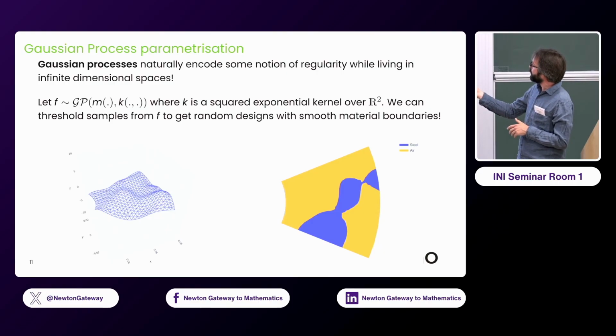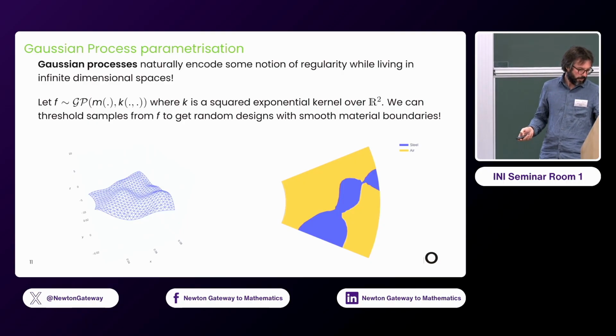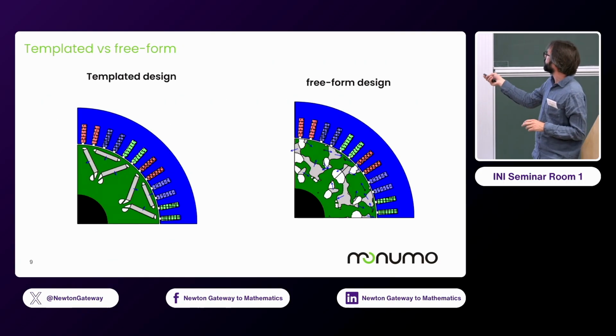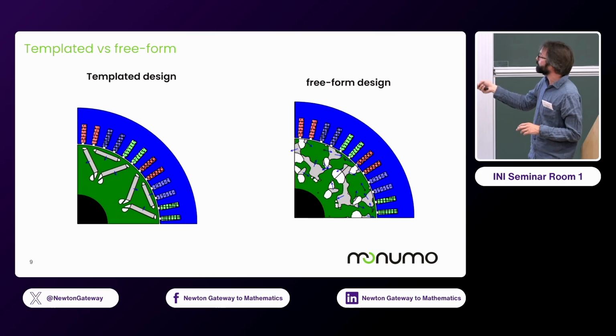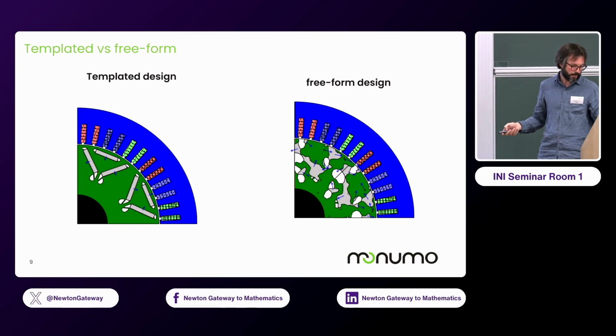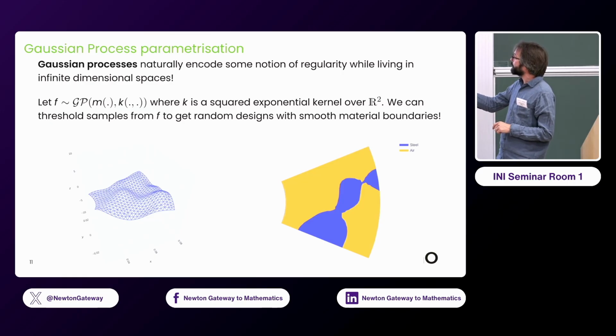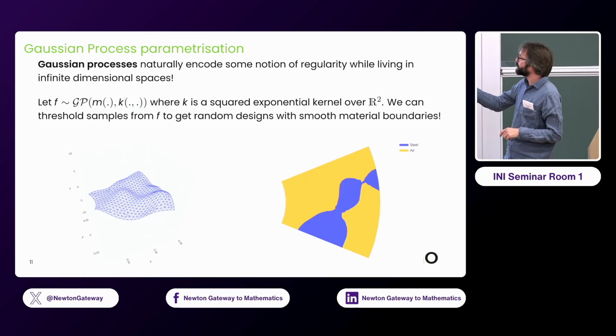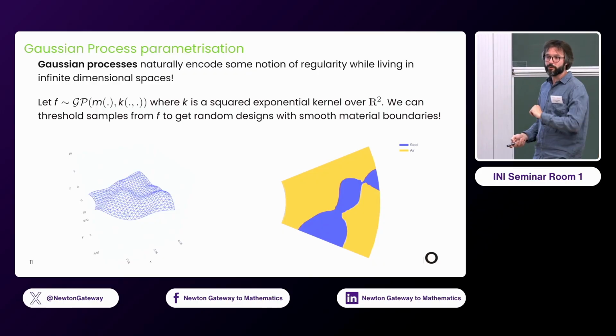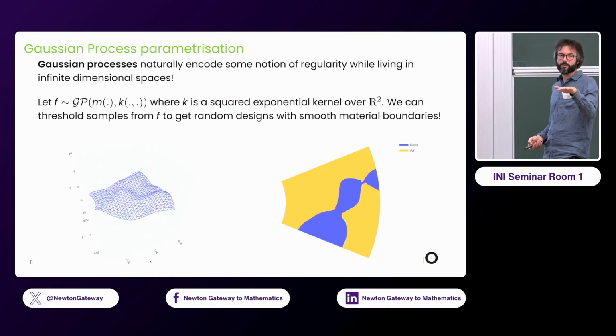The X and Y axes on these plots are pretty much the same as the X and Y axes on this one, and only represent the rotor, the green parts on this plot. But basically, I can take a Gaussian process that is defined over R squared, and I can sample it to generate a smooth function, and then threshold this function to decide what material I have in what places.